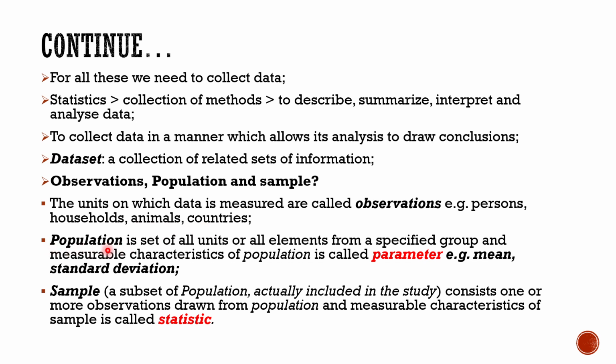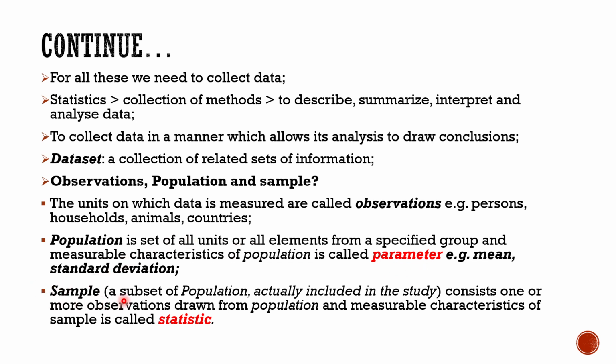Now, what does population mean in statistics? Population is a set of all units or all elements from a specified group, and the measurable characteristics of a population are called parameters. For example, you can calculate the mean and standard deviation of your variable of interest. What does a sample mean?